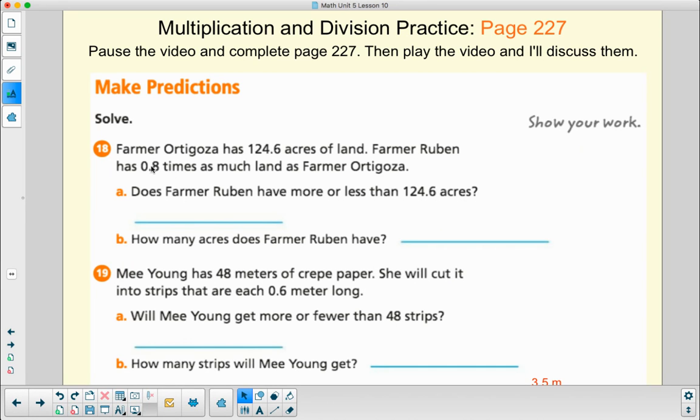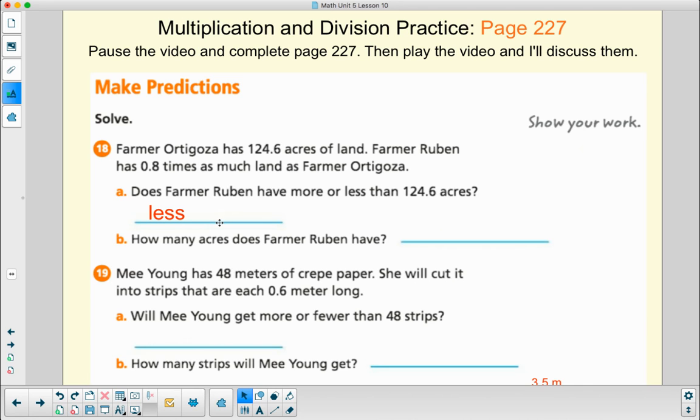Farmer Reuben has 8/10 times 124 6/10. Is 8/10 times 124 6/10 more or less than 124 6/10? And that would be less.